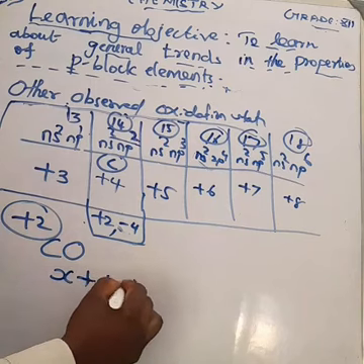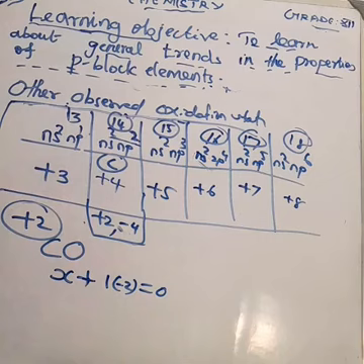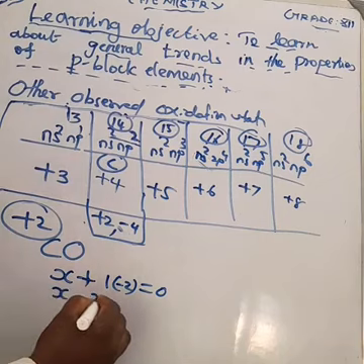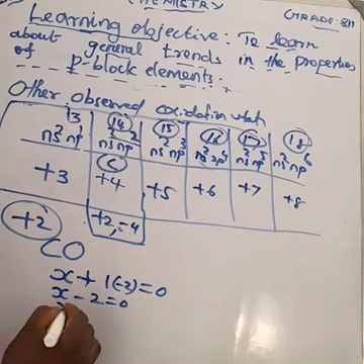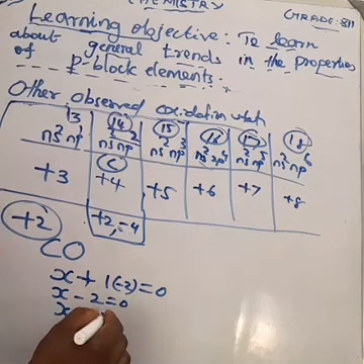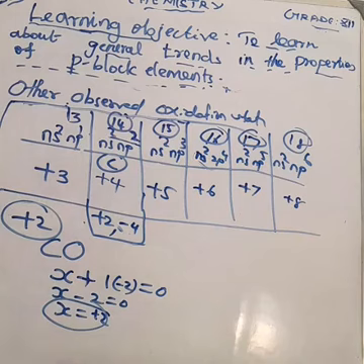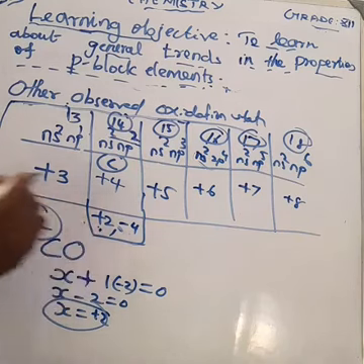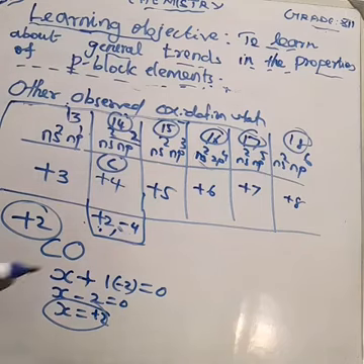So 1 into minus 2, equal to 0. So X minus 2 equal to 0. X is equal to plus 2. So the other observed oxidation state in the 14th group is plus 2. Can you understand, my dear children?